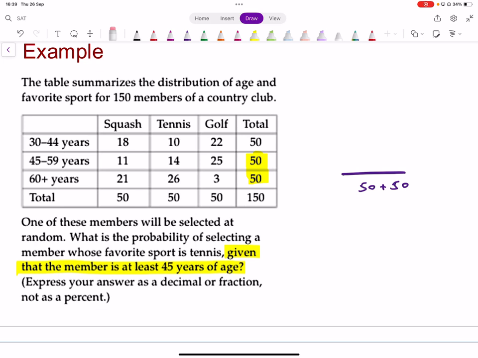Probability that their favorite sport is tennis. 14 plus 26, that's your numerator. That's 40 over 100, 0.4. Express your answer as a decimal or a fraction, not as a percent. So that's 0.4.